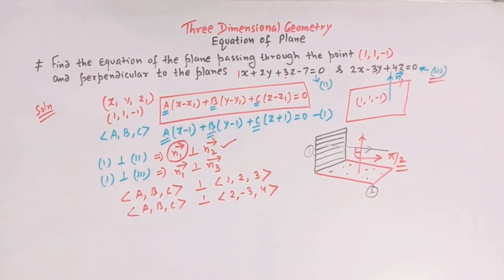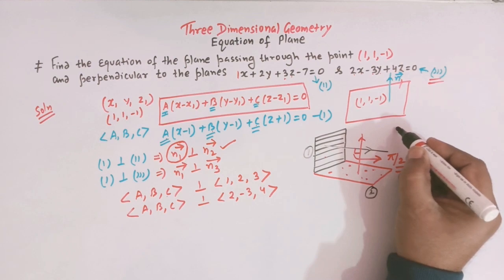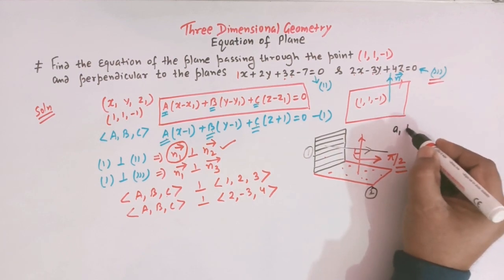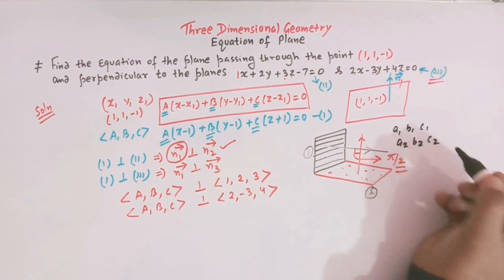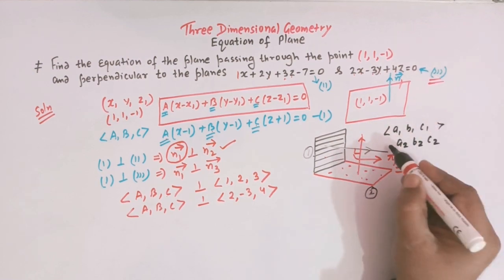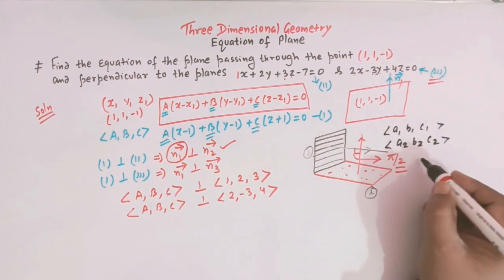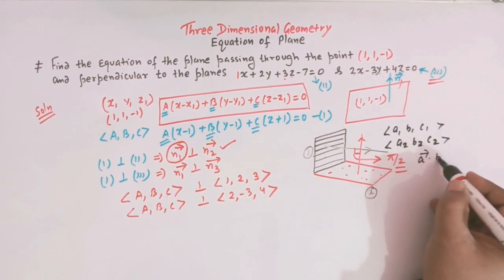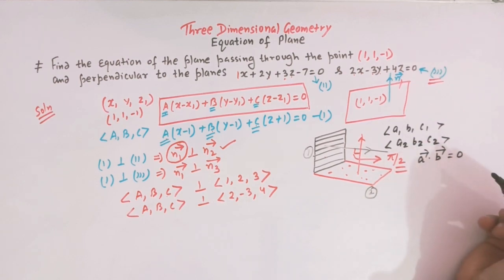So now let us apply the condition of perpendicularity of two vectors. Suppose we have two vectors whose direction ratios are a1, b1, c1 and a2, b2, c2. And if the two vectors are perpendicular, then obviously their dot product is 0, so a dot b is equal to 0.